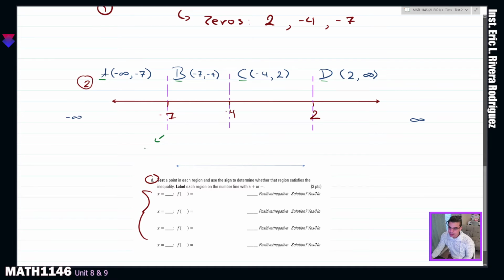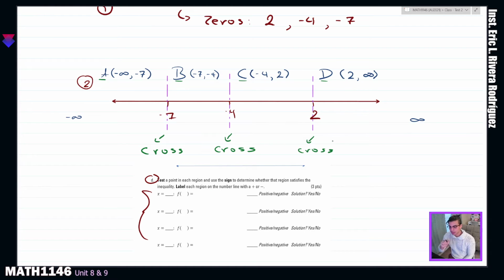We know that the behavior of the graph at -7 is going to be cross. So the graph will cross at this x-intercept. So there is going to be a change of sign. All right. The other thing that we are going to do now that we know this, okay, so we need to select a representative from each region. Those representatives are going to be the x values.